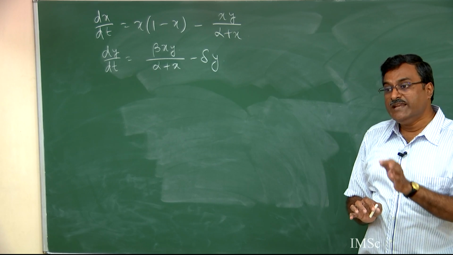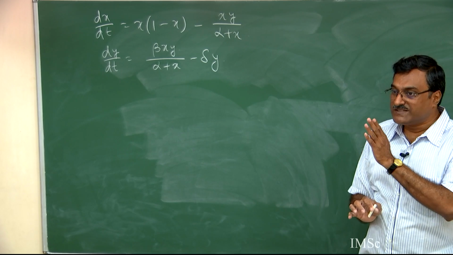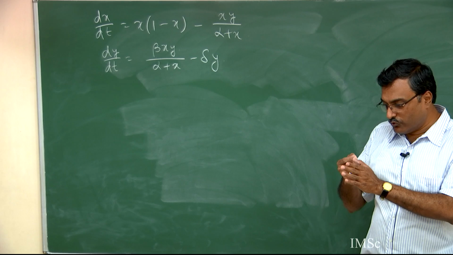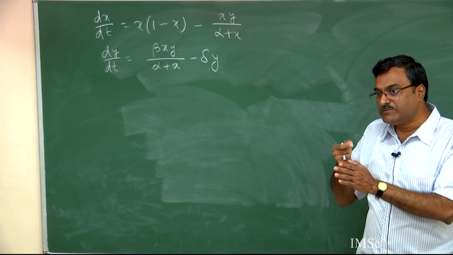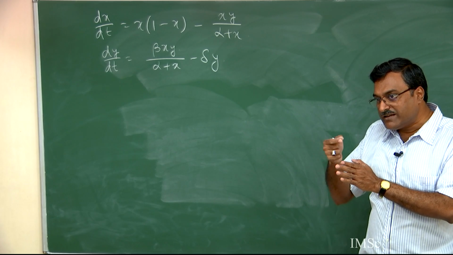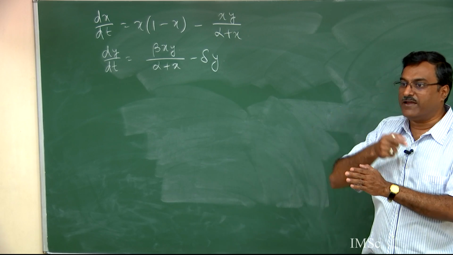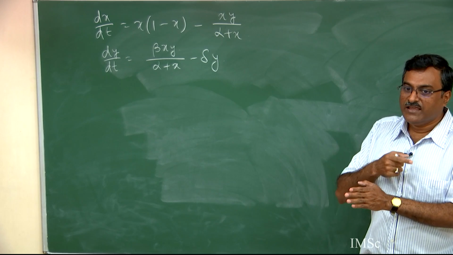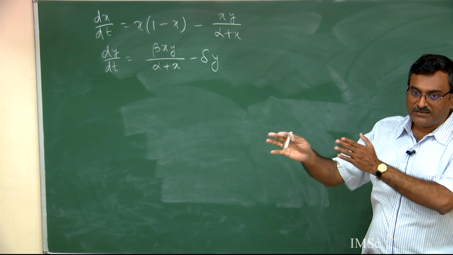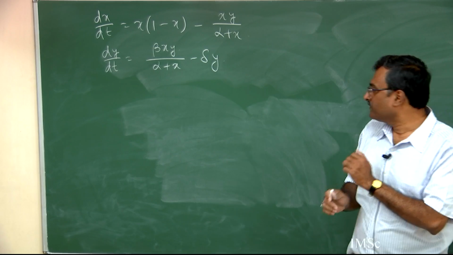But you need to keep in mind, or set your goal, which phenomena or which characteristics of the given model you are interested in judging, that is, how they affect the dynamics of the system. Accordingly you finalize: okay, this is my non-dimensionalized version.